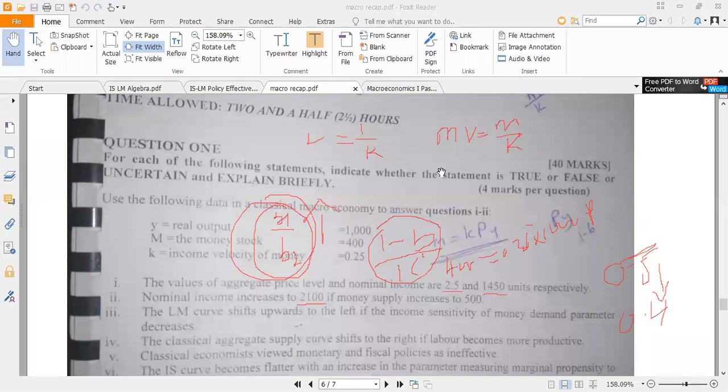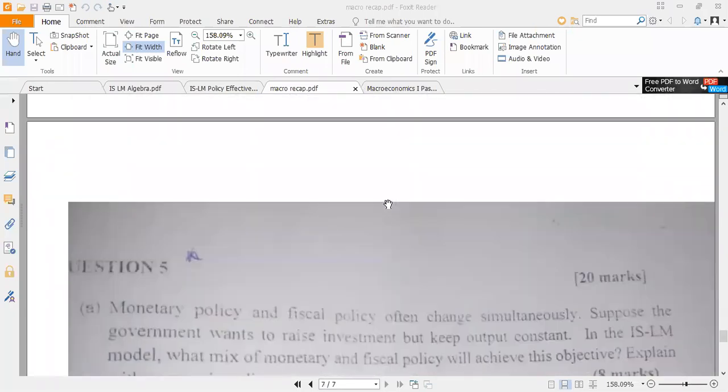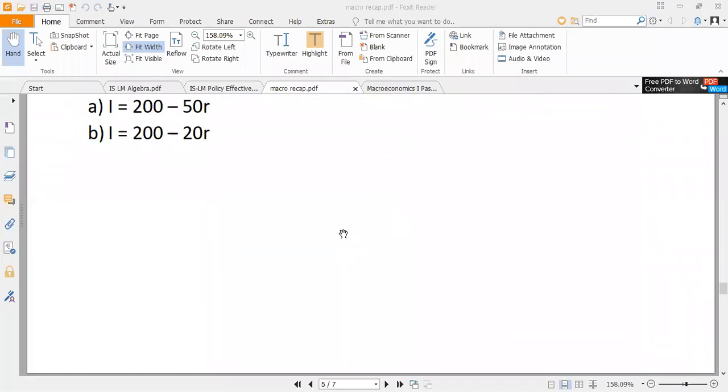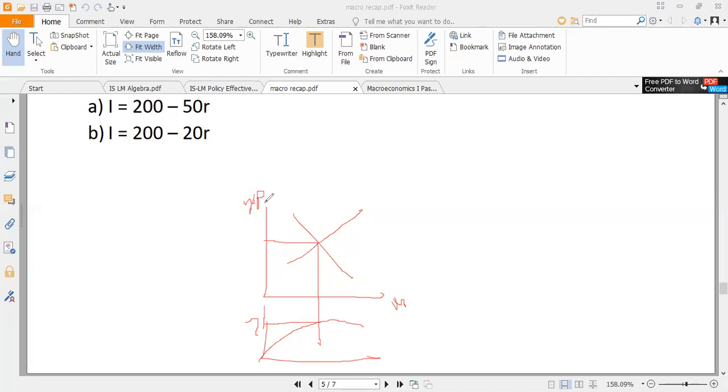Let me draw it. Let's take this as the labor market. This is our Y, this is N, and this is the real wage. Now, if labor becomes more productive, firms will increase their demand for labor.